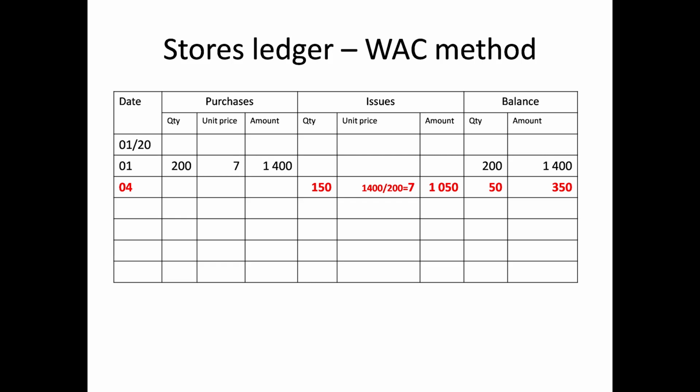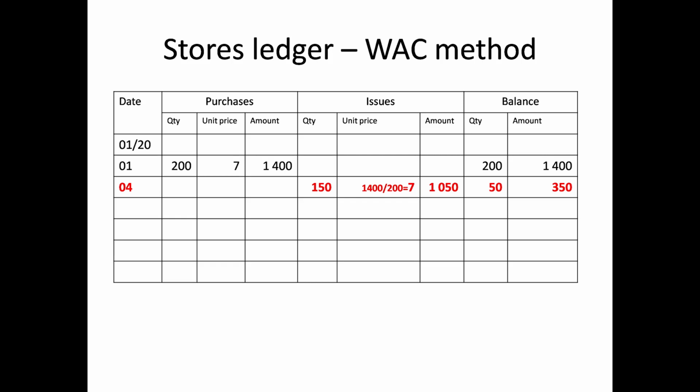Amount divided by quantity. 1400 divided by 200. The answer is 7 rupees. Amount equals 150 multiplied by 7. It's 1050.